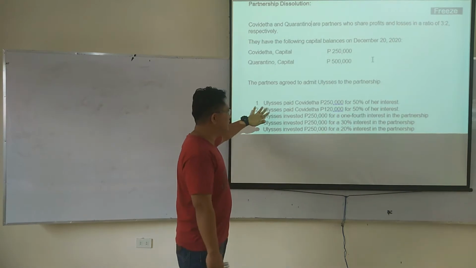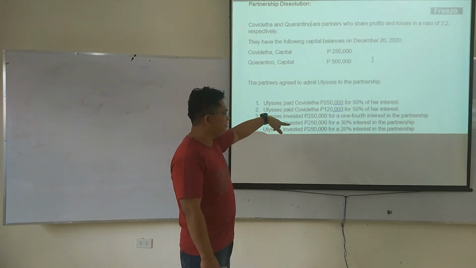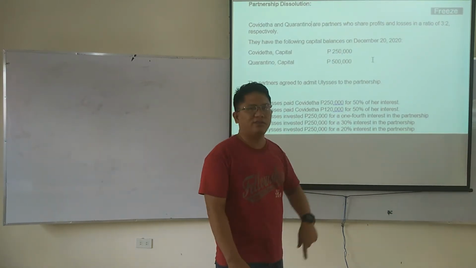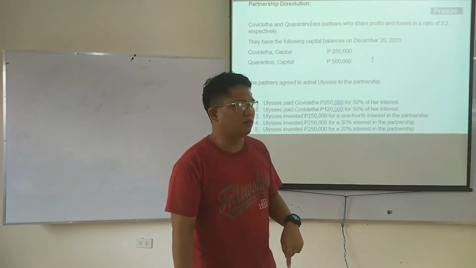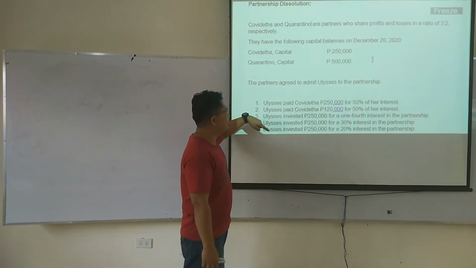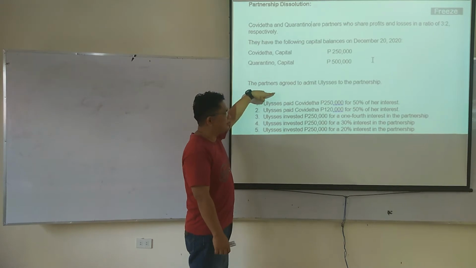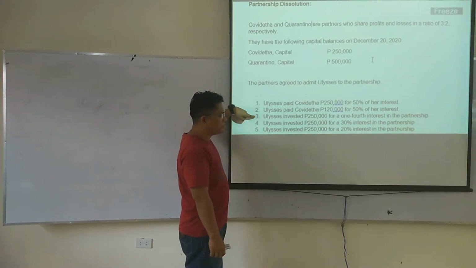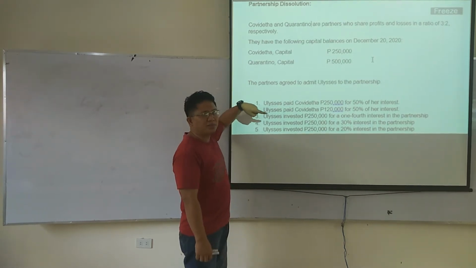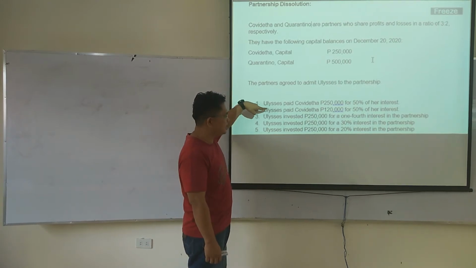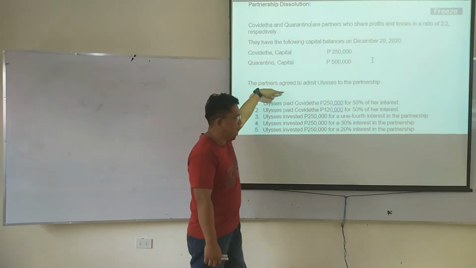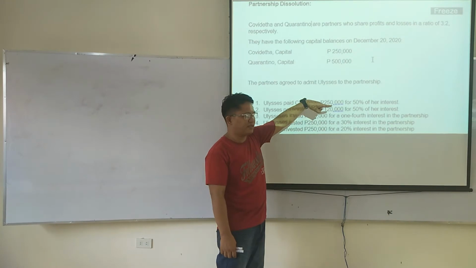So, case 1, Ulysses paid Cobilita 250,000 for 50% of her interest. So our problem here is admission of a new partner, 1 and 2, admission by purchase. Ulysses is to pay Cobilita this much for a 50% interest.